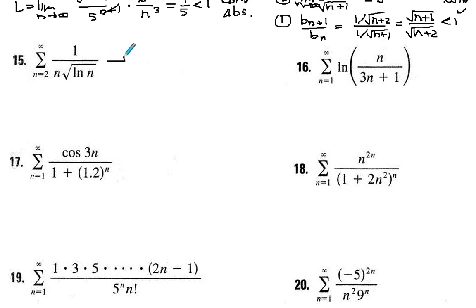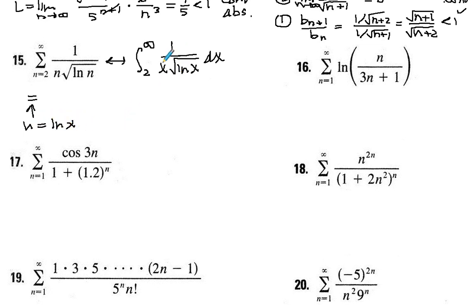So I look at this, and first thing I think is, hey, let's do the integral from 2 to infinity of 1 over x square root of ln x dx. And then we want to do a u substitution here. So let's let u equal ln of x.